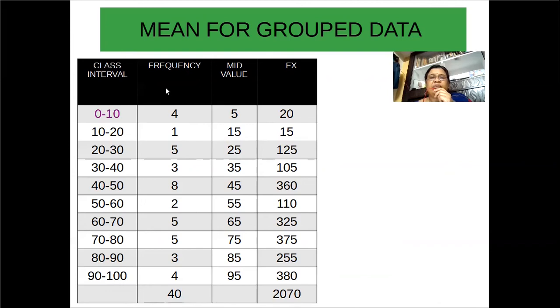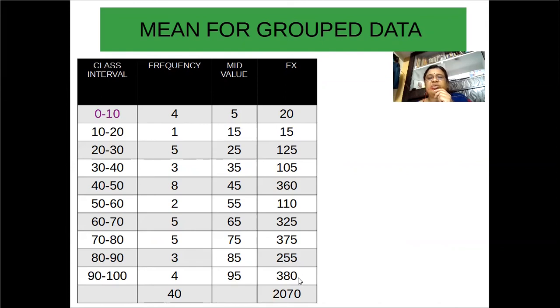So this is f and this is x. When you multiply f with x, you'll get the value fx. So 5 fours are 20, 15 ones are 15, 25 into 5, you'll get 125, and 35 into 3, you'll get 105. So like this, you have to calculate the fx value and you have to add the values.